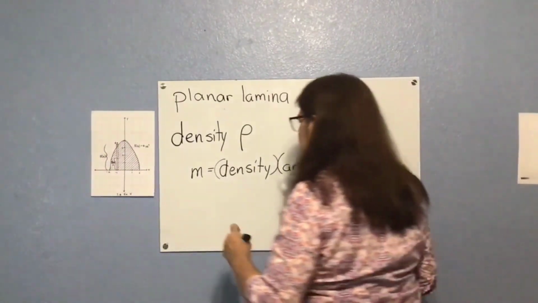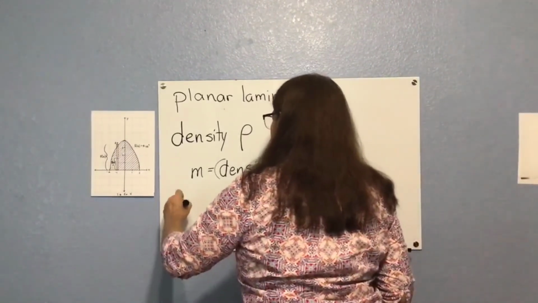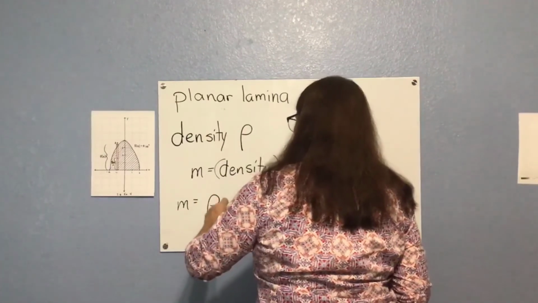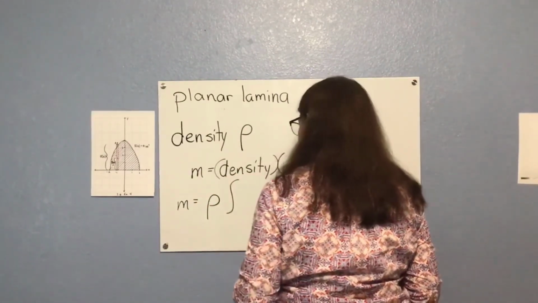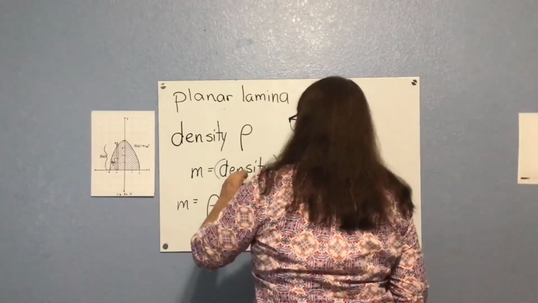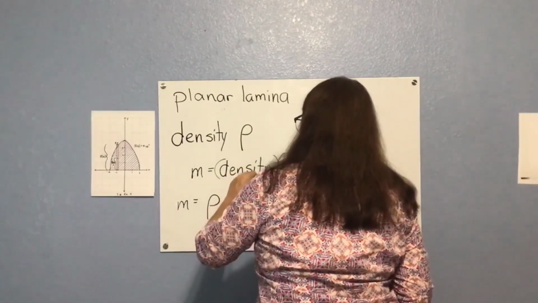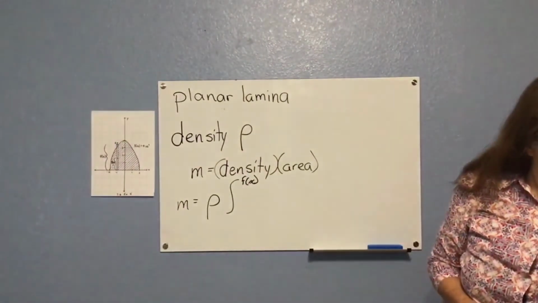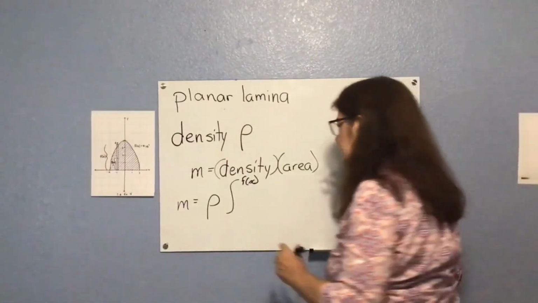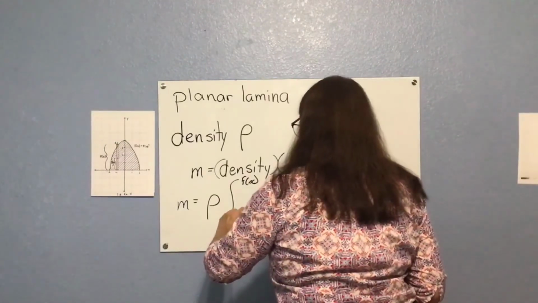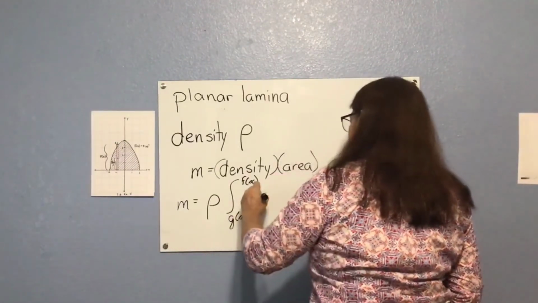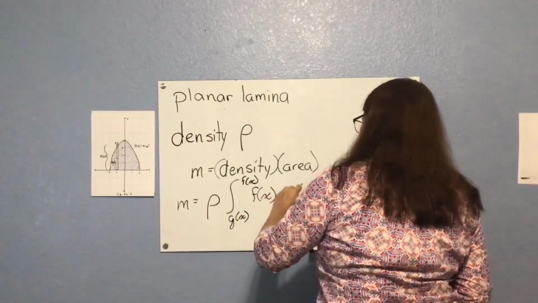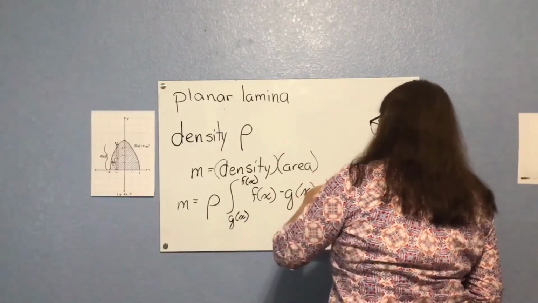So going back to what we have for calculus, the mass is equal to the density rho times the integral for f of x and g of x. If we assume f of x is larger, we're going to have f of x minus g of x dx.